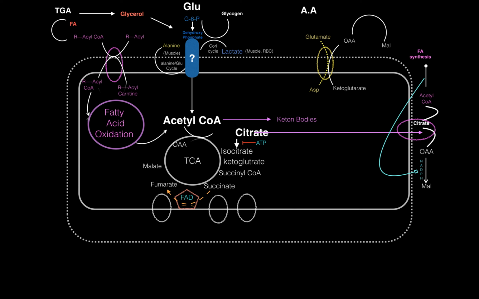And again, oxaloacetate can be converted to malate and it will enter the mitochondria through a special shuttle called the malate aspartate shuttle. Okay, covering the malate aspartate shuttle is beyond the topics we want to cover in this lecture, so we'll not talk about it, but it's a very interesting topic.